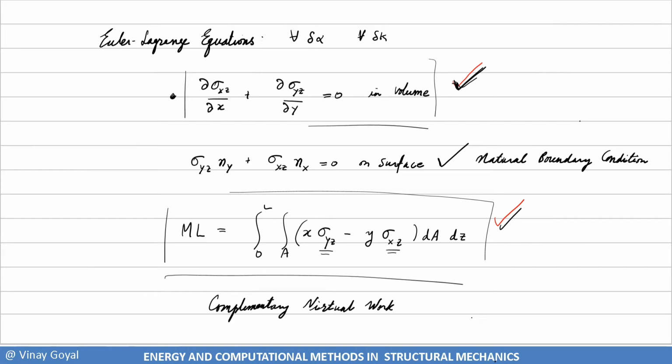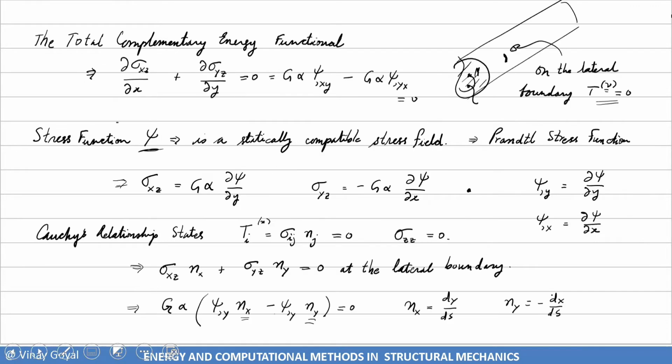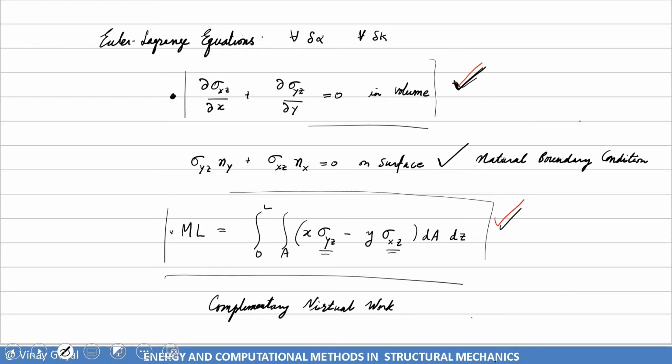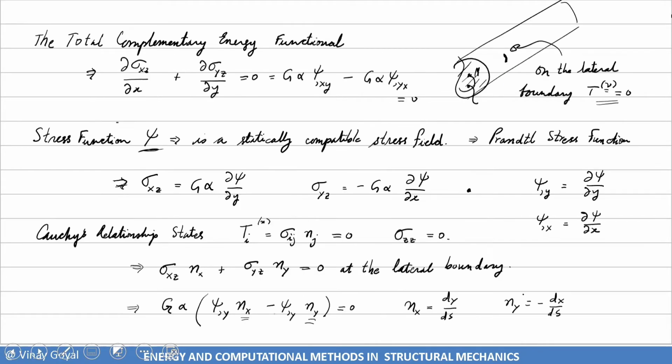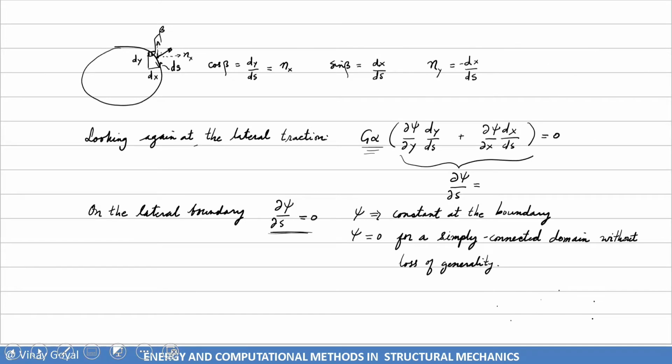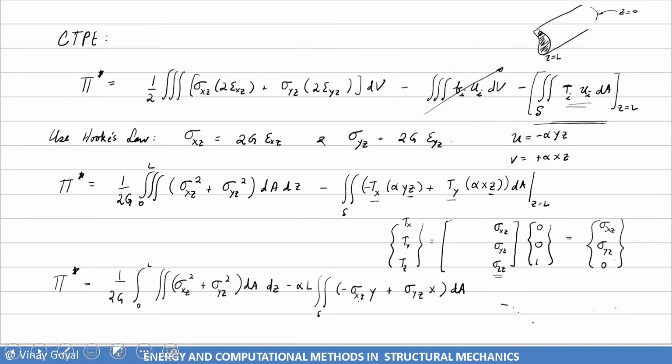And so I'm using a total complementary energy functional because in this way, if I can come up with a stress function that satisfies the Euler Lagrange equation exactly, and this does, it satisfies the Euler Lagrange equation we see here, then perhaps I can come up with a way of approximating and coming up with torsional constants, the warping functions, and things like that using a different way of going about this. So yeah, that's what we're trying to accomplish.